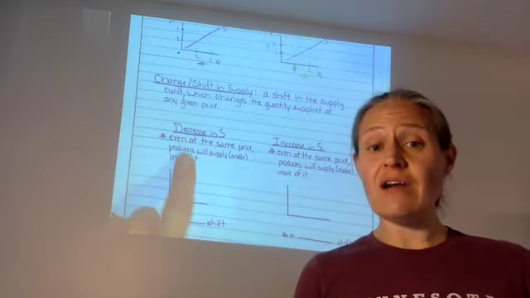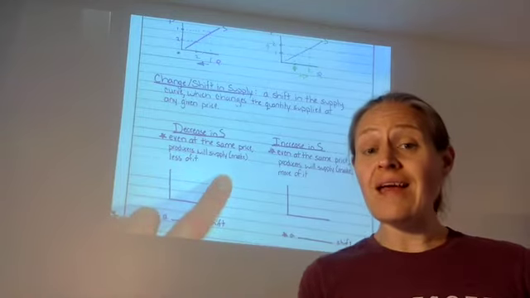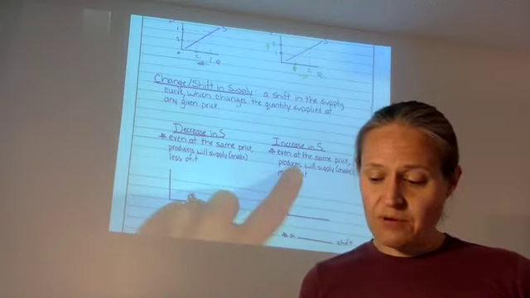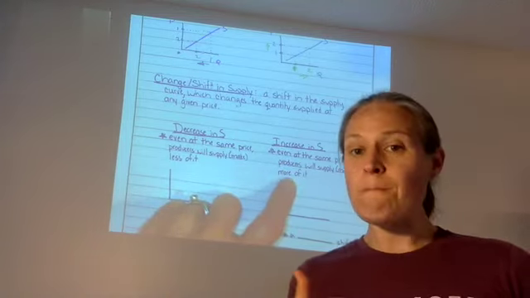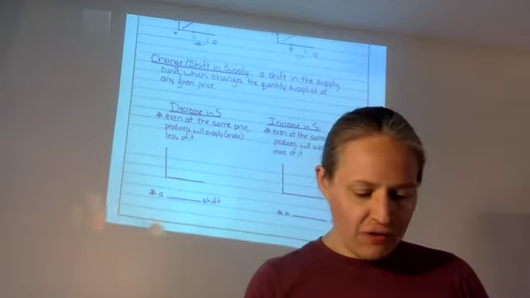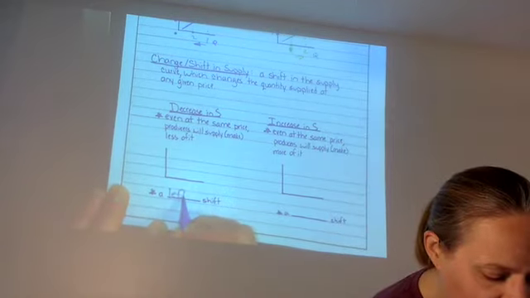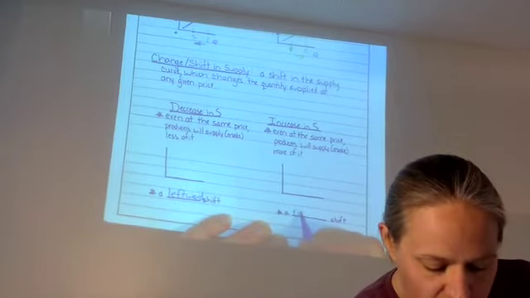A decrease in supply means that even at the same price, producers will supply or make less of it. An increase says that even at the same price, producers will make or supply more of it. So a decrease in supply is a leftward shift, and an increase in supply is a rightward shift.